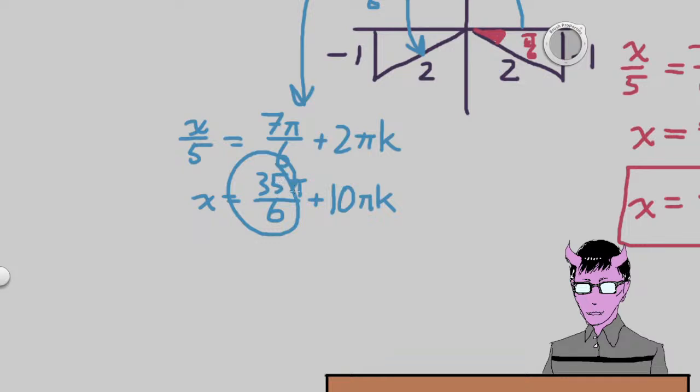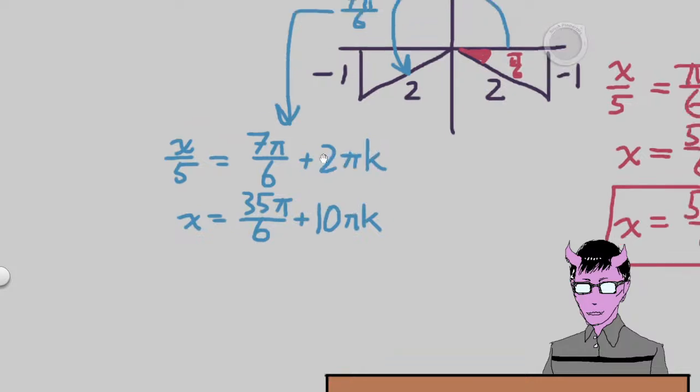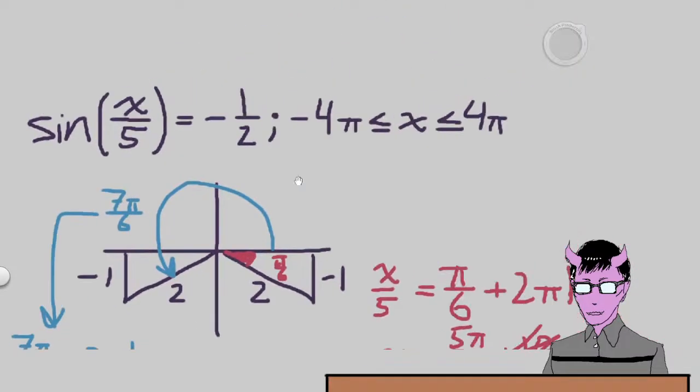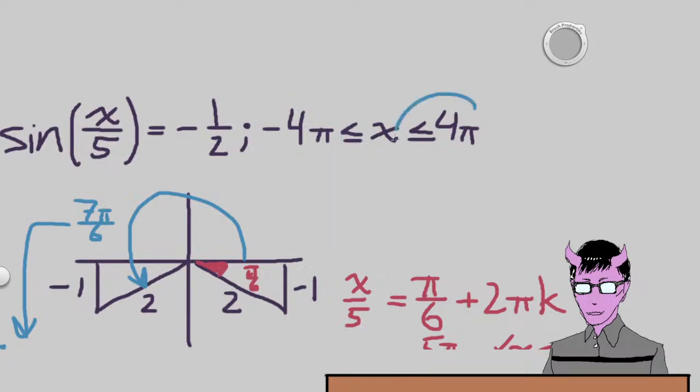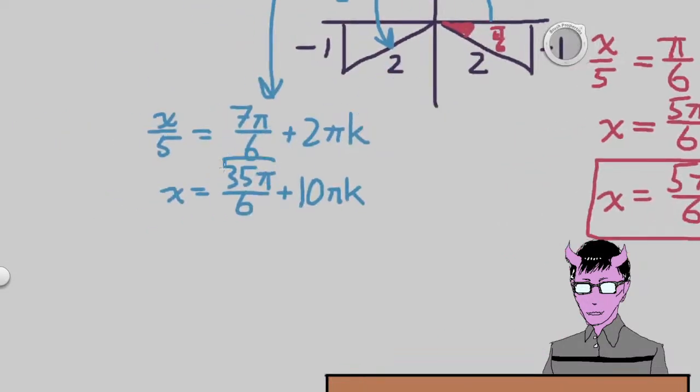So that one is highly suspicious, right? Because 35 divided by 6, that's close to 6-ish. So 6 pi-ish. That's already past this one. 6 pi is already past 4 pi. So this one as a base answer doesn't work.